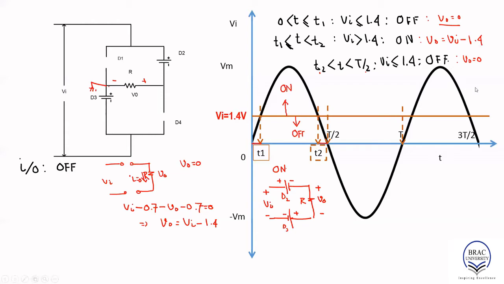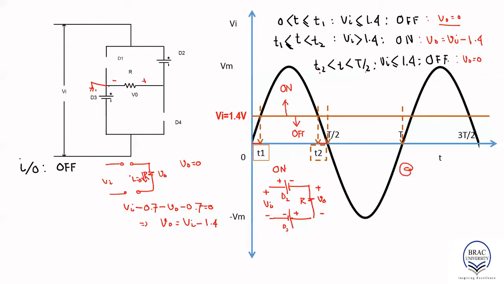We already learned that V0 equal to Vi means the output is going to take the same shape as the input. So we're going to copy the shape of the input and paste it as output, except that we're going to drop it by 1.4. How can we obtain these points? One way is to set three terminal points: T1, T2, and max.